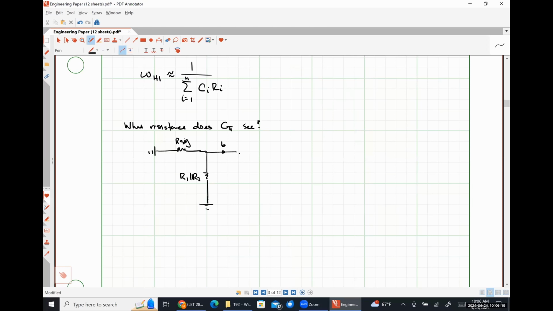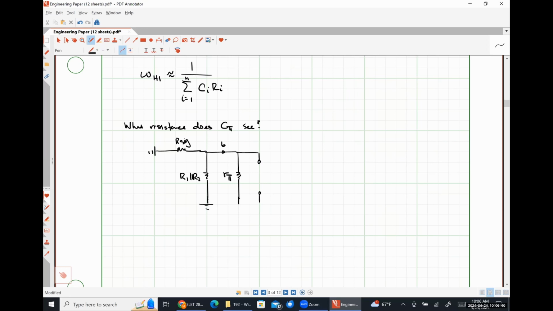Now I'm at my base terminal. Here's R pi. I'm using this open circuited set of terminals here to be where the capacitance C pi was.